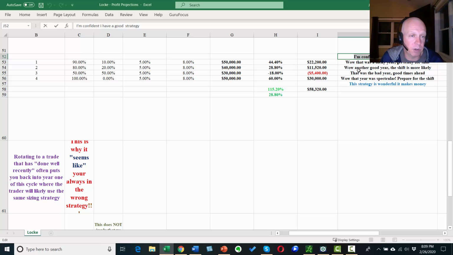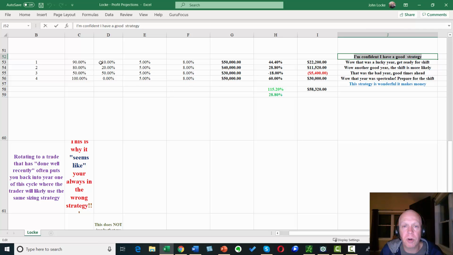And I'm going to go all in at first, and I'm going to trade $50,000. And then if I have a really good year, then I'm going to reduce my position size. Then if I have another good year, I'm going to reduce my position size some more. And then if I have a bad year, I'm going to come in and I'm going to increase my position size for the following year.